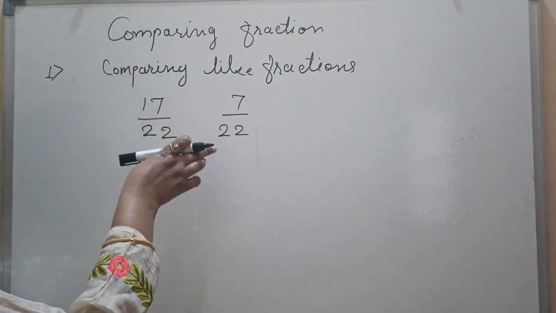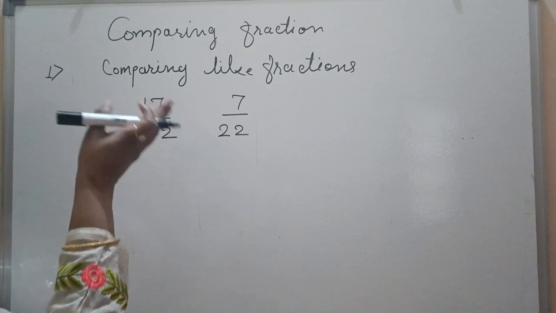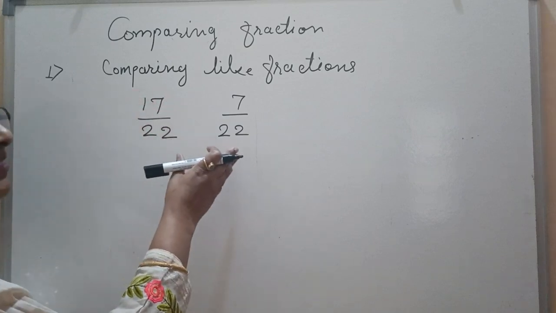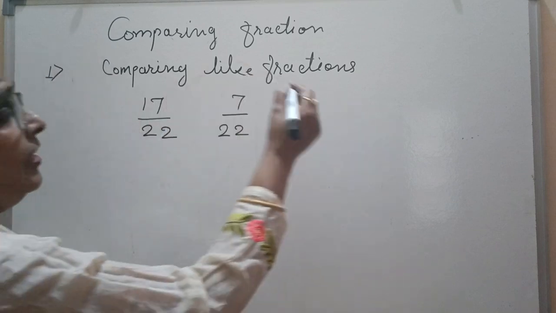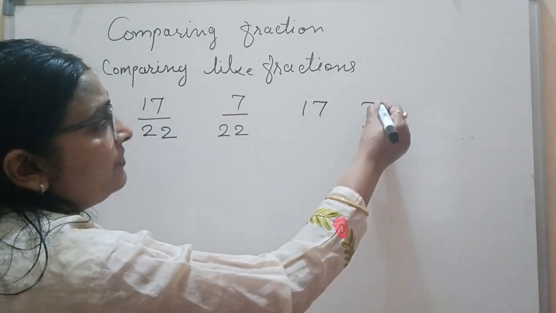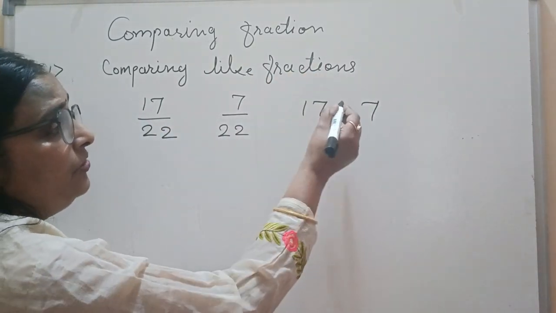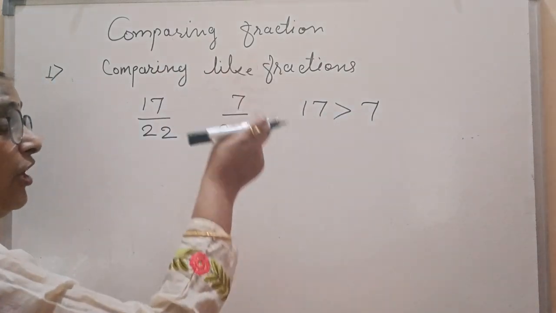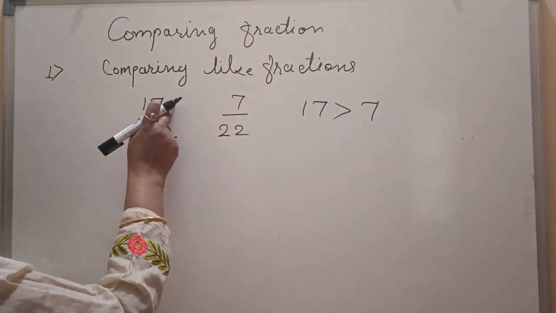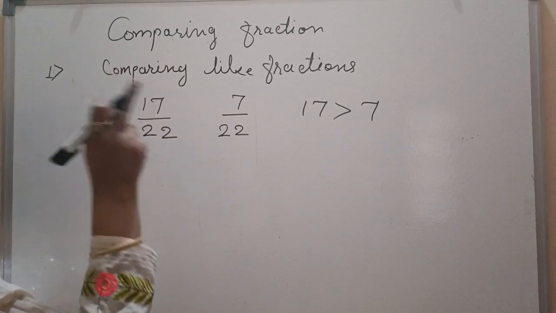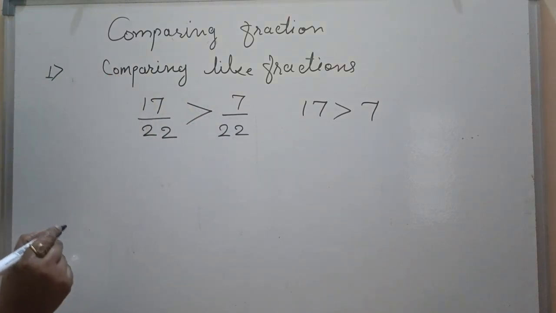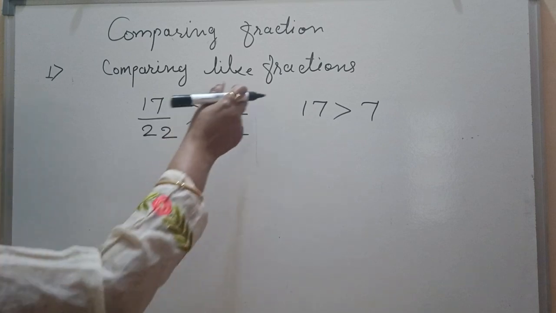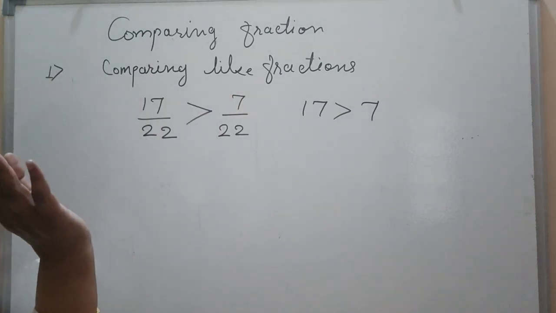In these like fractions, as denominators are same, you have to see only numerators. Now 17 and 7. Which numerator is greater? 17 is greater. Therefore, greater numerator will be the greater fraction. So 17 by 22 is greater than 7 by 22.